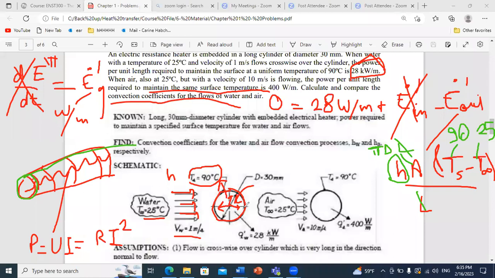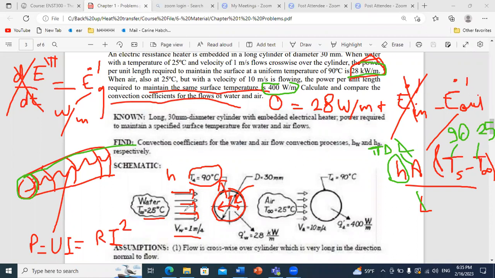Now, for air, the procedure is exactly the same, but you can just compare numbers. In case of water, to keep a temperature of 90 degrees, the power used is really very large. However, when you have air, to keep the same surface temperature, the electric power is just 400 watt per meter. So imagine the high cooling effect of water compared to air.